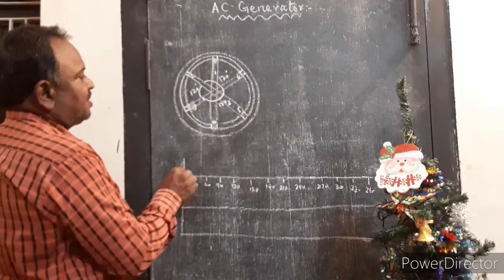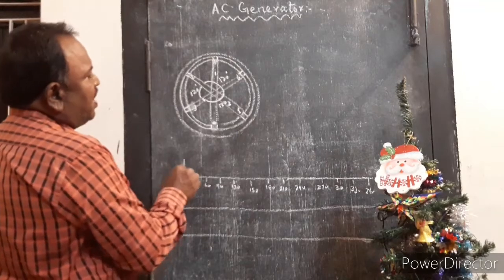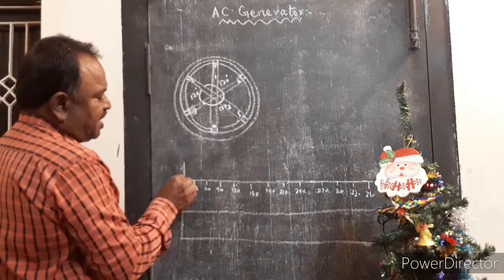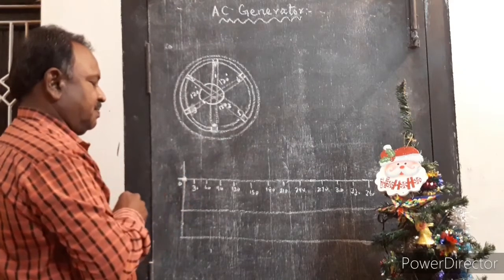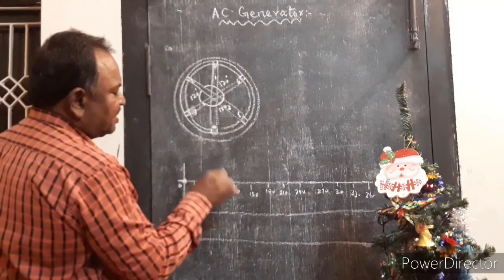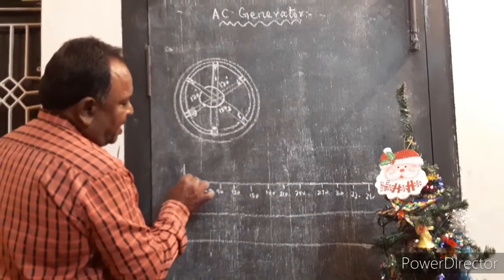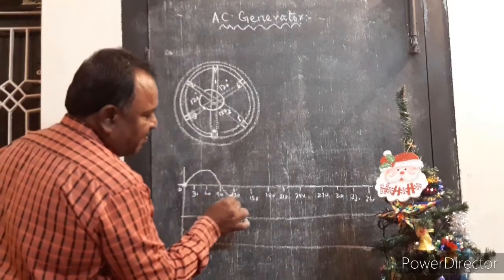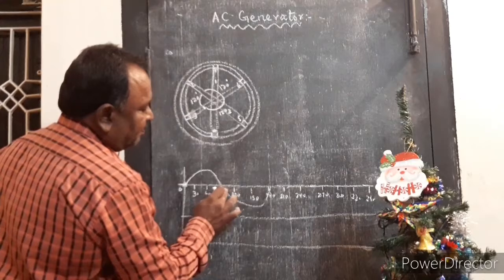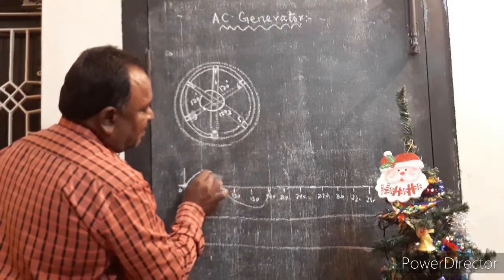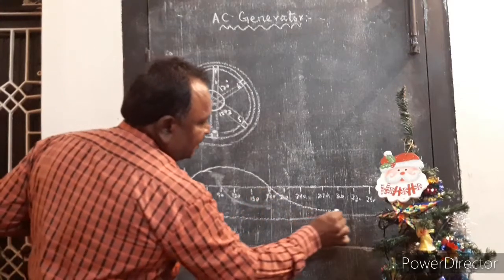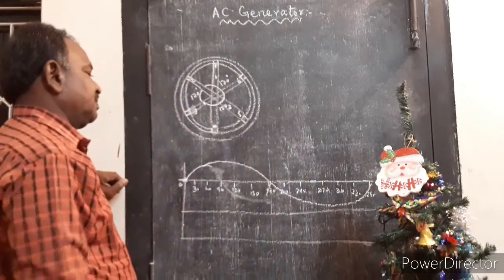When the first coil is perpendicular to the magnetic field, the induced EMF in the coil is 0. So as the coil is rotated, it will produce EMF like this.